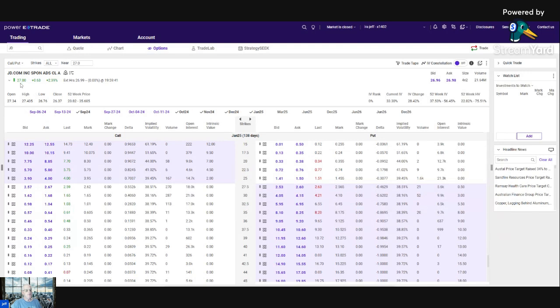So if you shorted at 27, you'd be putting out $2,700 for 100 shares, to short 100 shares. When you short something, you're not really shorting it because the broker has to locate and borrow those shares so that you can sell them. That's another video. So this is why to buy puts.